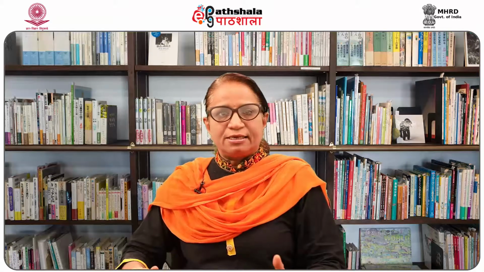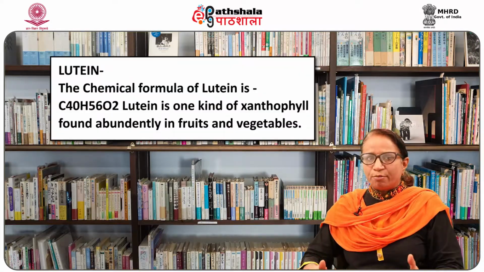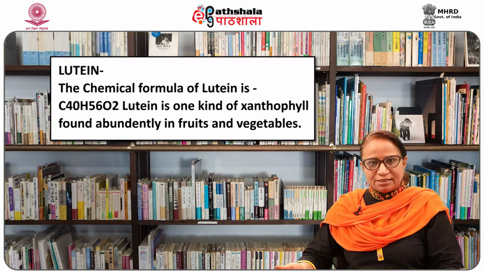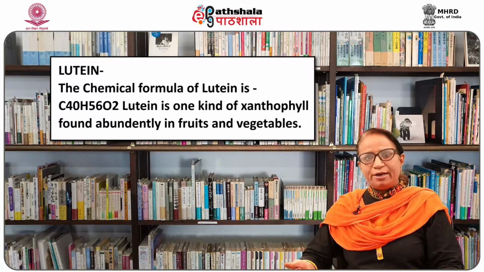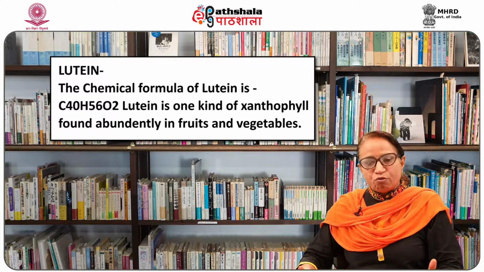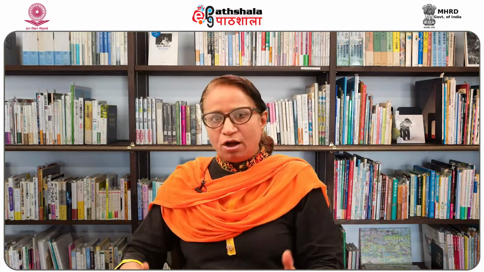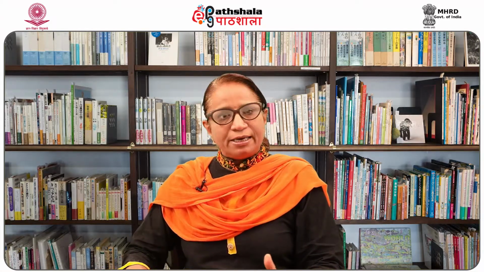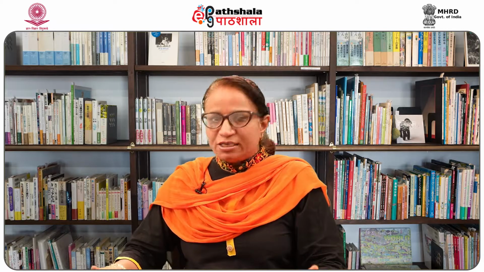Let me discuss lutein. The chemical formula of lutein is C40H56O2. Lutein is one kind of xanthophyll found abundantly in fruits and vegetables. Although lutein and zeaxanthin are isomers, they are not stereoisomers.